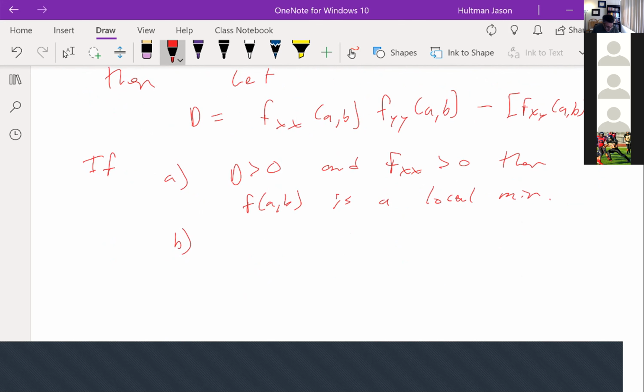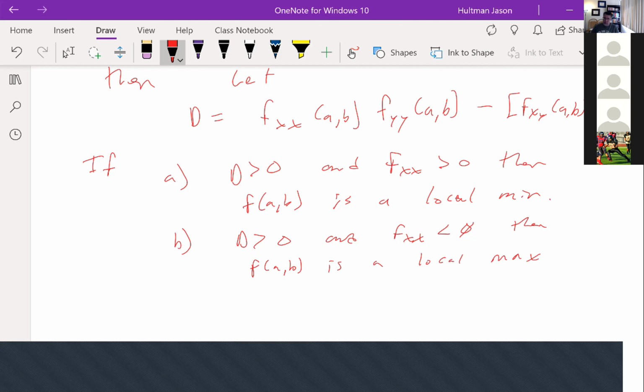If D is greater than 0 and the second partial derivative with respect to x is less than 0, then f of (a, b) is a local max.